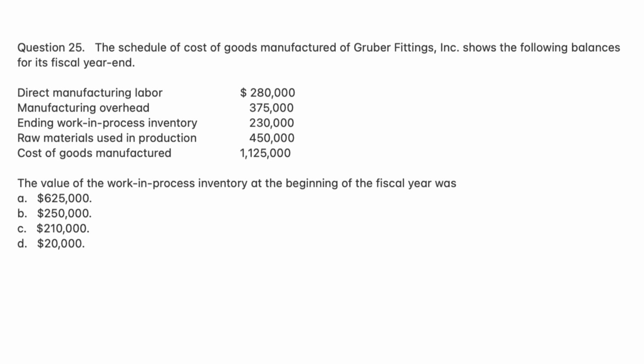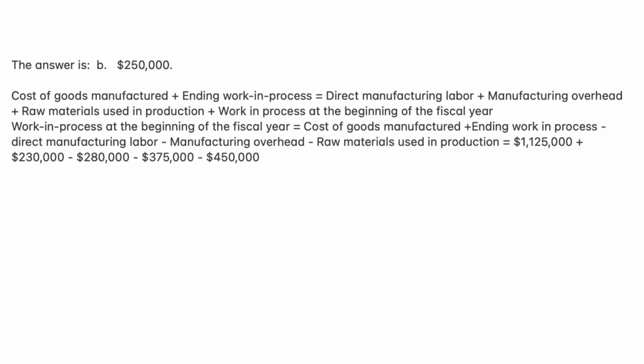Cost of goods manufactured $1,125,000. The value of the work in process inventory at the beginning of the fiscal year was A. $625,000, B. $250,000, C. $210,000, D. $20,000. The answer is B. $250,000.